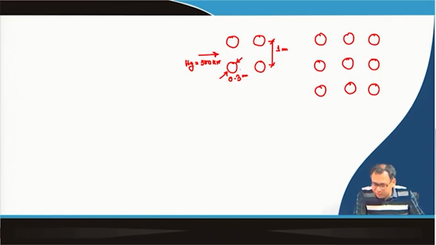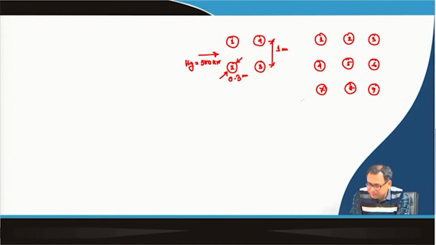So, in this pile group we have to identify the similar type of piles. So, here all the piles will be similar type of pile. But for this group all the piles will not be similar. For example, this will be a similar pile, this will be a similar type of pile. Suppose I name these piles 1, 2, 3, 4, 5, 6, 7, 8, 9.